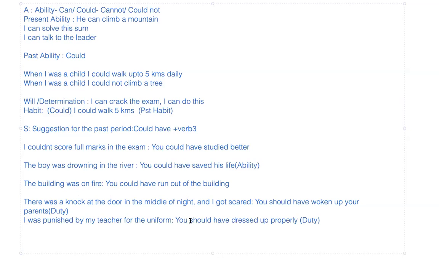So it is the past suggestion, you should have, because you did not do that. So I'm giving the suggestion, you should have done that. These are the two words which we are covering in the suggestion part, should have and could have. Although there are other words too, like must have, I guess this one is enough as far as your class is concerned.